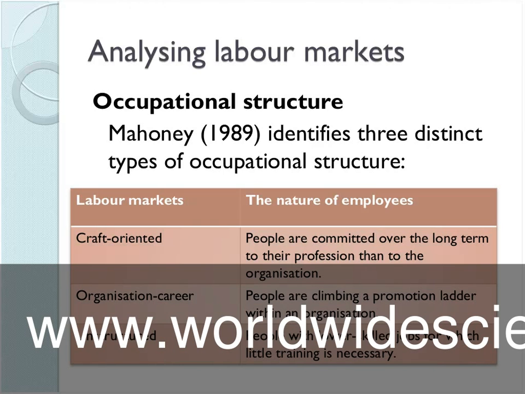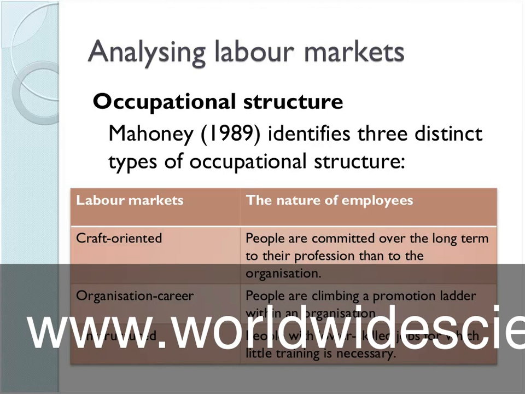By contrast, we also have organization career labor markets. The organization career occupation is one in which progress is primarily made by climbing a promotion ladder within an organization. People still move from employer to employer, but less frequently, and will tend to stay in one organization for as long as they can.